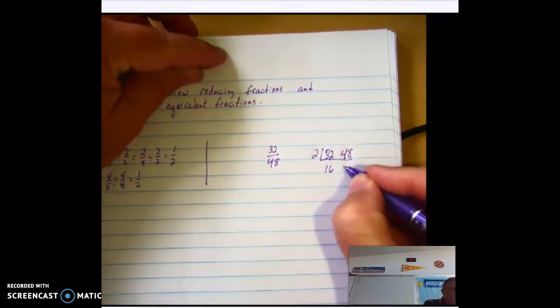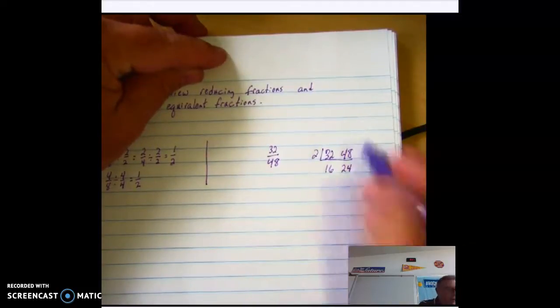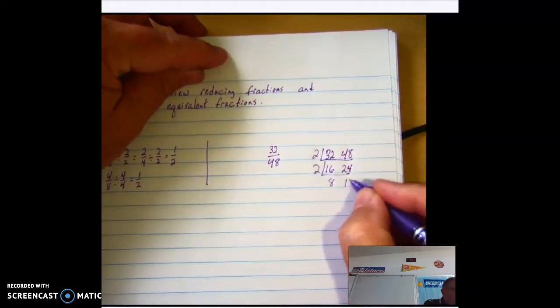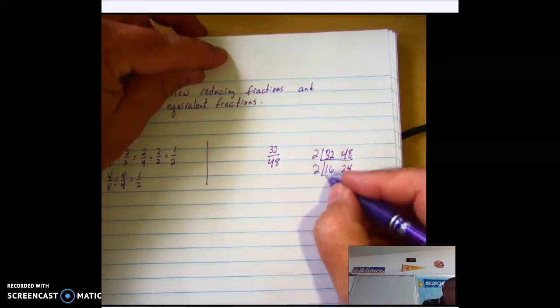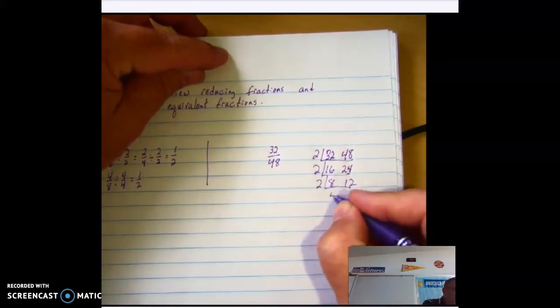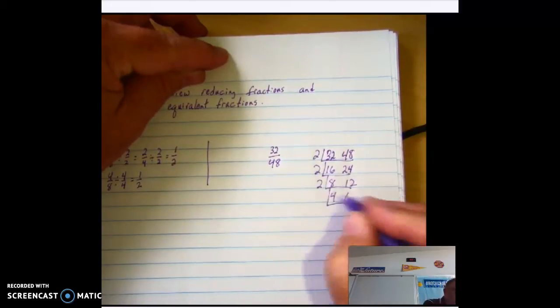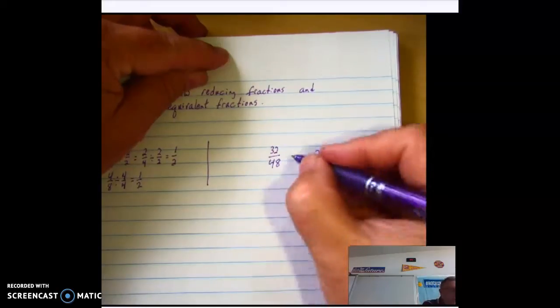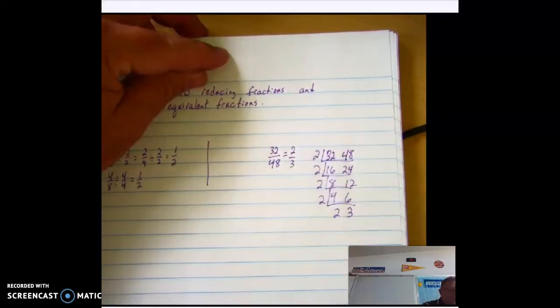That takes me down to 16/24. Okay, looking good. I can divide it by 2 again, takes me down to 8/12. I can go a little farther. 2 again is going to take me down to 4/6. Or I could do 2 again, and that's going to take me down to 2/3. So 32/48 will reduce down to 2/3.